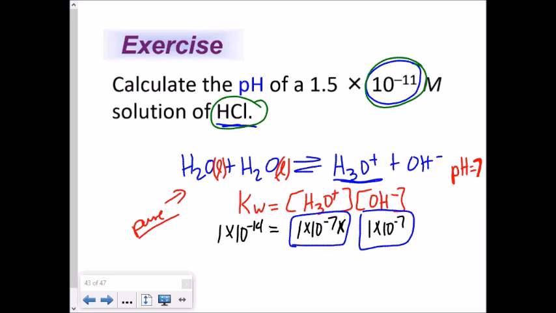Which one's the larger number? 1 times 10 to the minus 7 is a larger number than our 10 to the negative 11. So the concentration of the hydronium caused by the self-ionization of water would be higher than the concentration caused by the hydrochloric acid up there. That's why we know this one is the dominant reaction in this case.